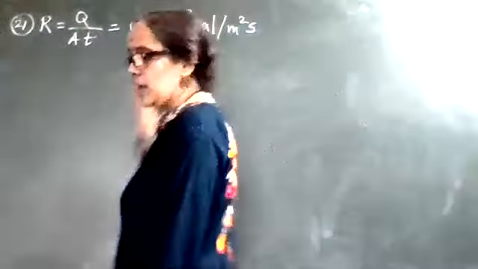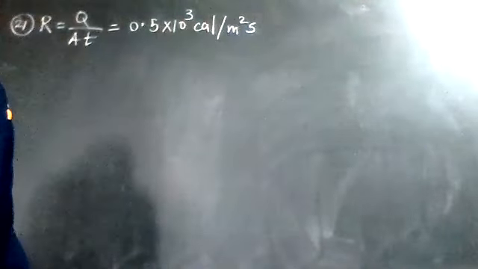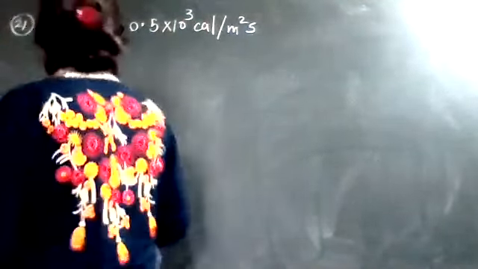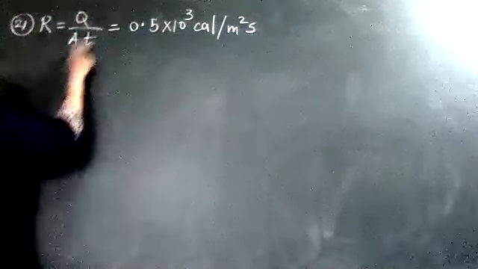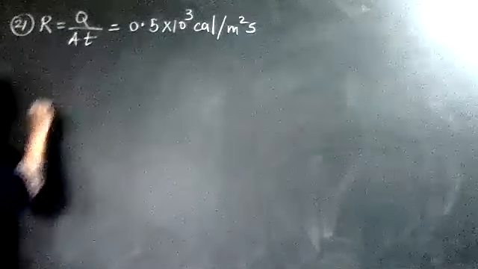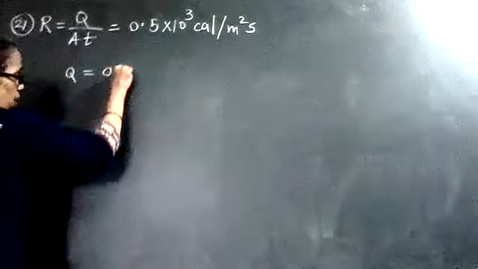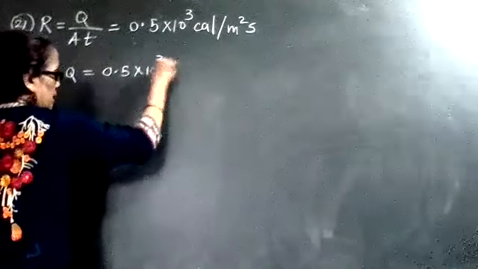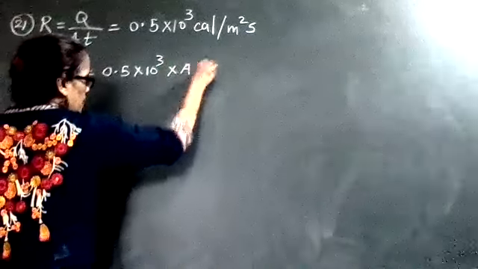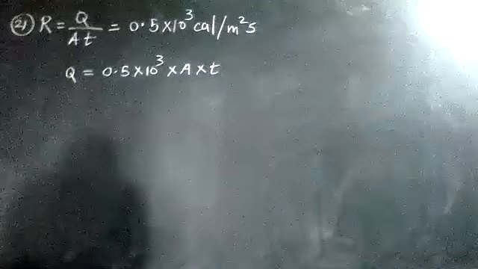Right? And what do I want to calculate? I want to calculate the amount of heat radiated in 20 seconds. So R is equal to this much given. So Q is equal to 0.5 into 10 raised to 3 multiplied by A multiplied by T. That is nothing but the energy radiated.